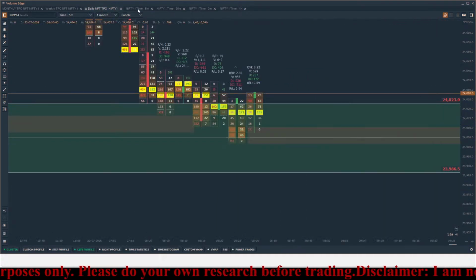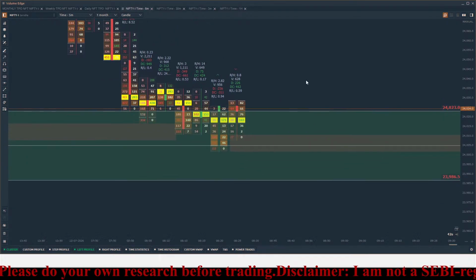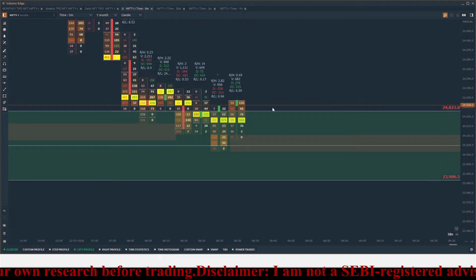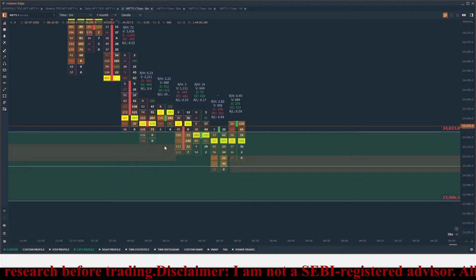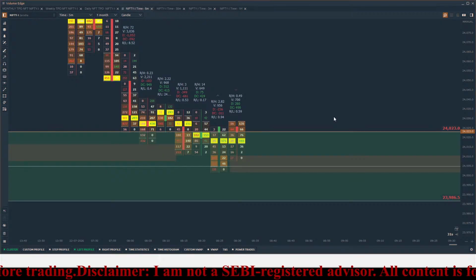Levels are defending well. Let's see this one. 24,023 and 23,986. Let's wait for some time. And OA data, what does it say?